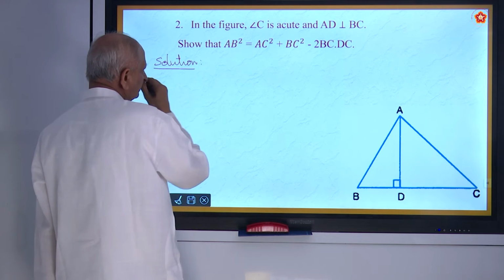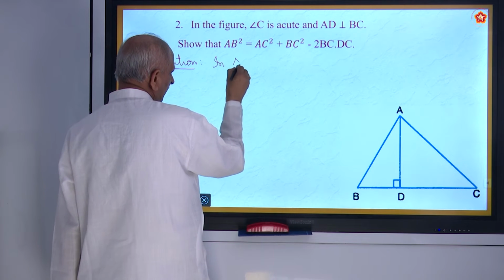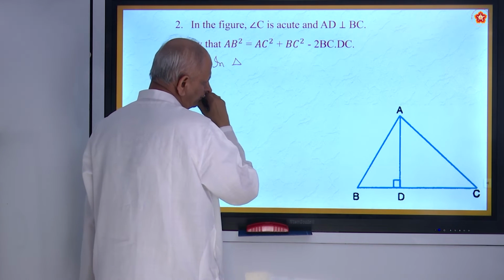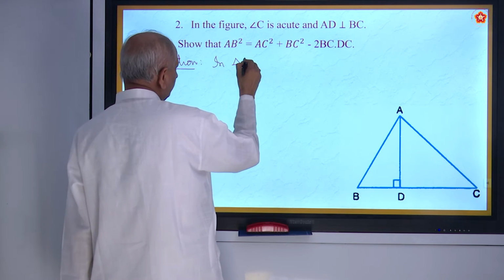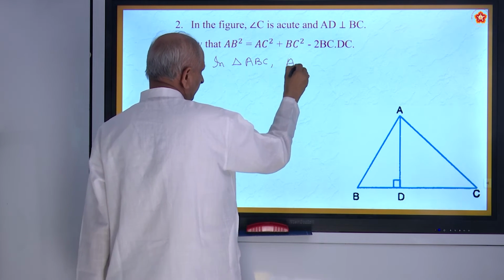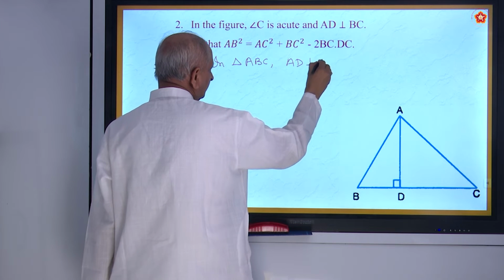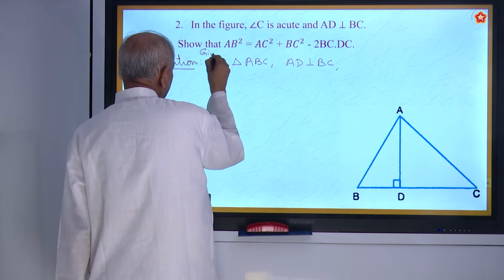So the solution is: in triangle ABC, what is given to you? In triangle ABC, AD is perpendicular to BC, that is given. So we are writing given.